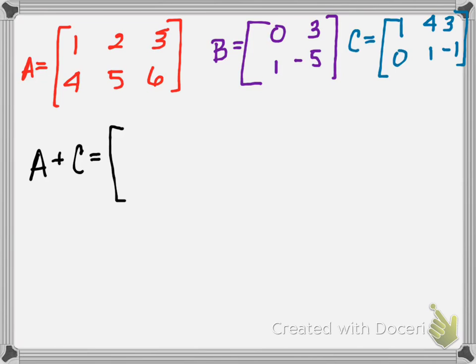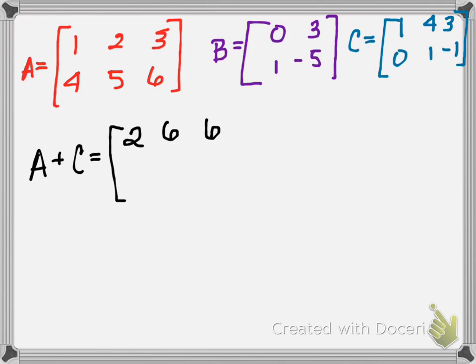So I would get 2, and I continue on in this fashion to get the row 1, column 2 entry. I get 6. I do 2 plus 4. To get the first row, third column, I'm going to do 3 plus 3, which is also 6.